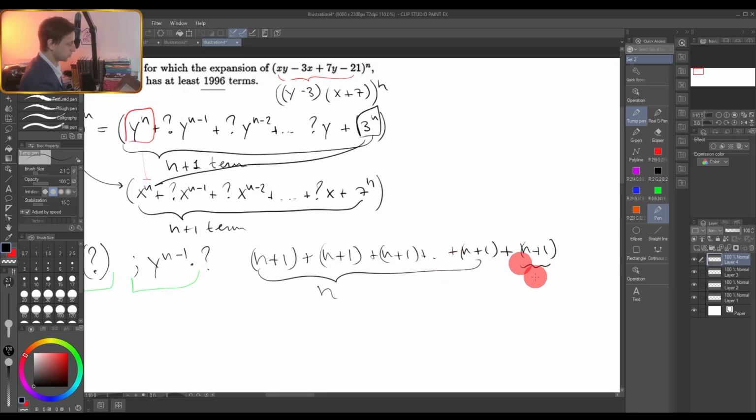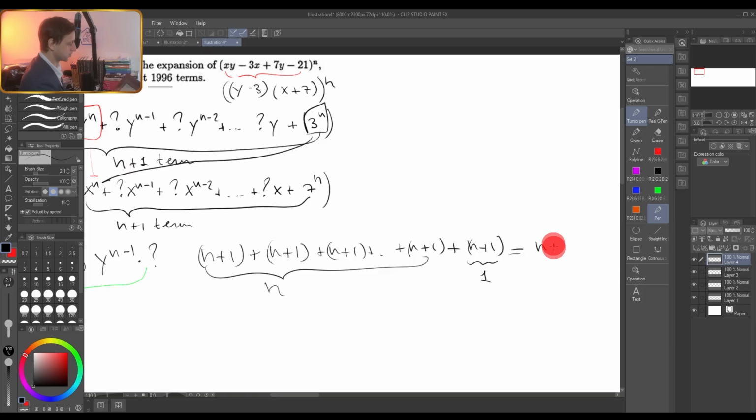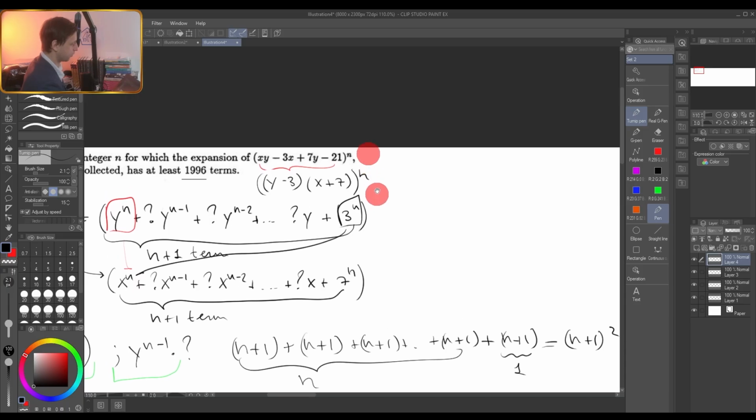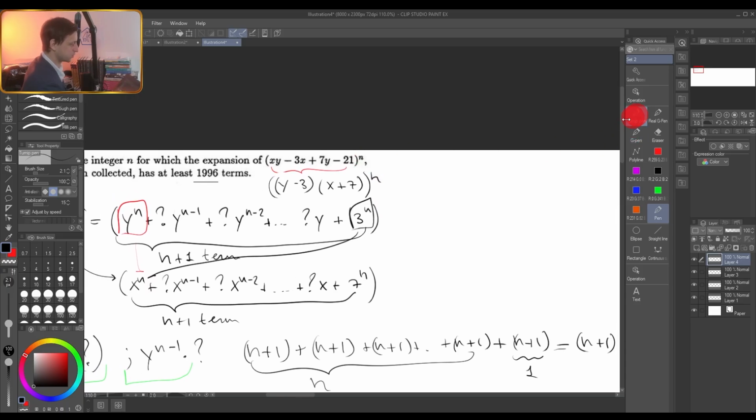And here also one additional time. So you add up n plus 1 times, and the result is n plus 1 squared. So after expansion of this expression, you will get exactly n plus 1 squared different terms. This is a very simple conclusion.